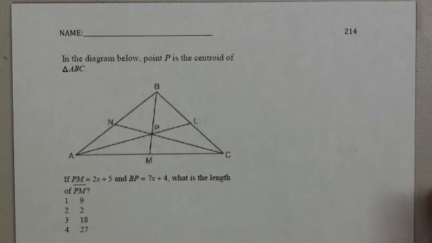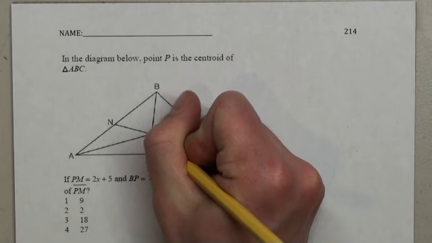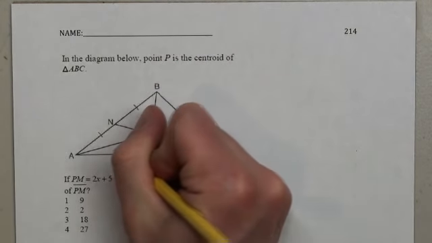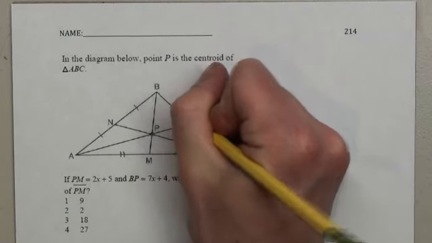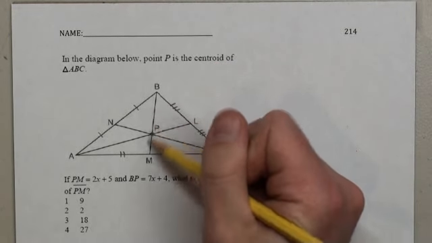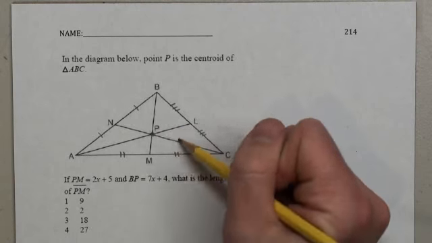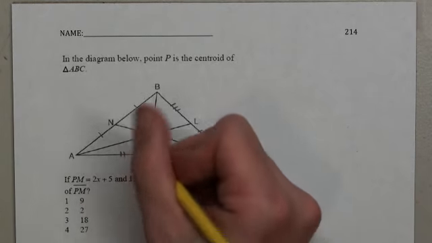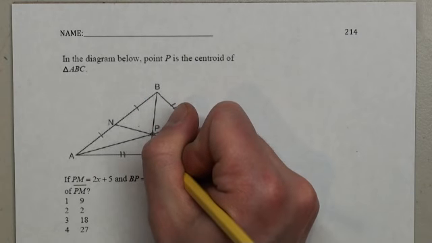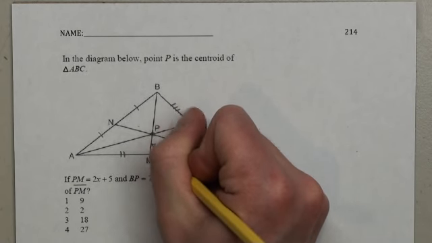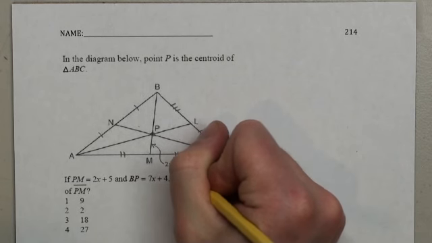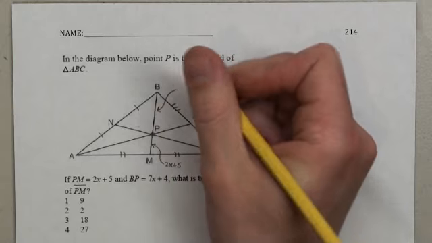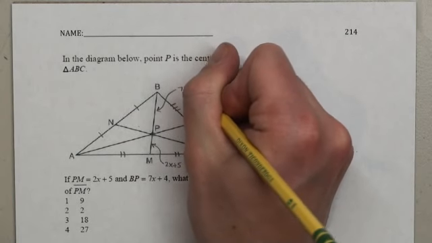214. In the diagram below, point P is the centroid. The centroid is where the medians meet. So I know this is congruent to this, and this is congruent to this. And I know these are in the ratio 2-to-1, 2-to-1, 2-to-1. So PM is 2x plus 5. BP is 7x plus 4.